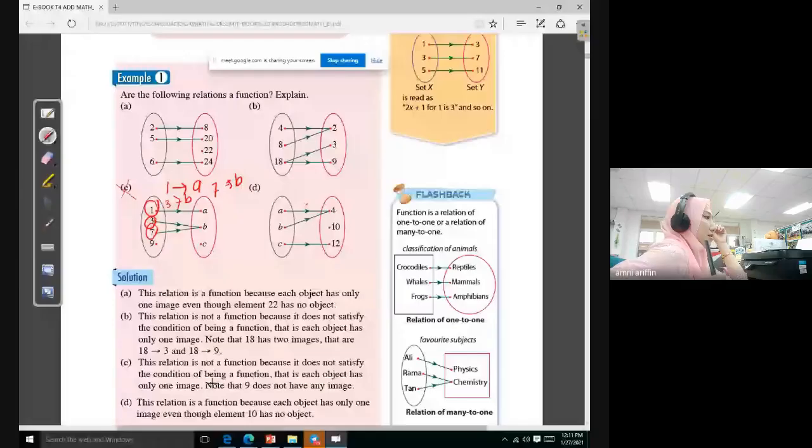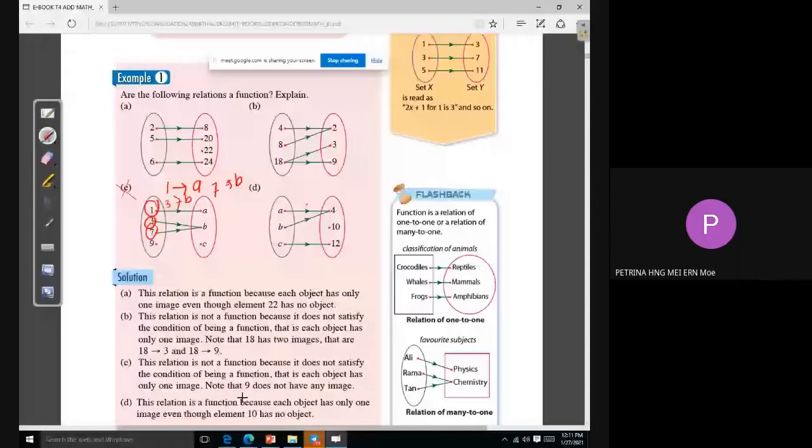Okay, ini bukan function. Why not function? You will nampak dekat sini explanation dia. You can read here: this relation is not a function because it does not satisfy the condition of being a function, meaning that each object has only one image. Kalau kamu nampak dekat sini, number 9 does not have any image.